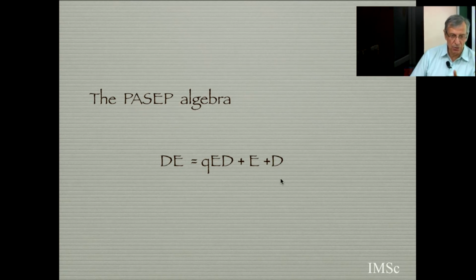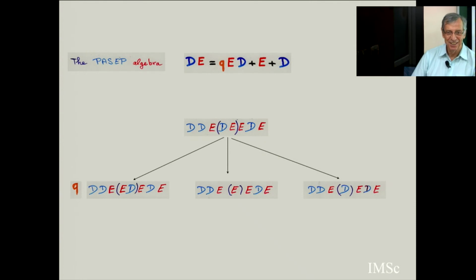And again, I can do the analog of normal ordering by taking a word and putting in the rewriting rule: DE can be replaced by ED, or by E, or by D. So I try to put all the D on the left and all the E on the right, and I rewrite this, the analog of normal ordering, but there is a parameter q here.